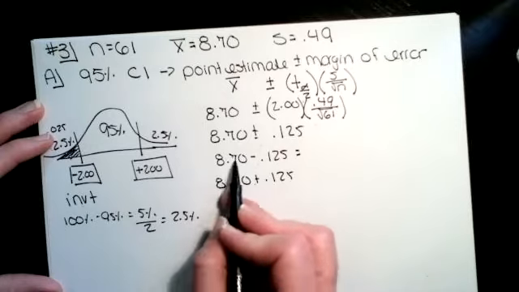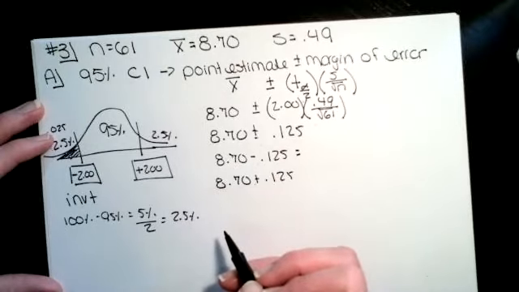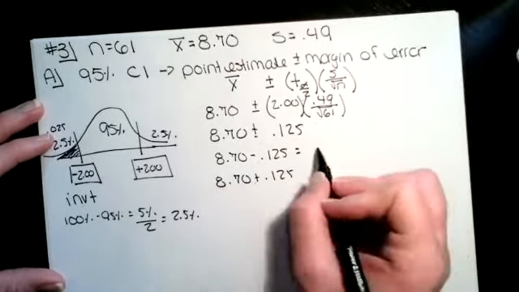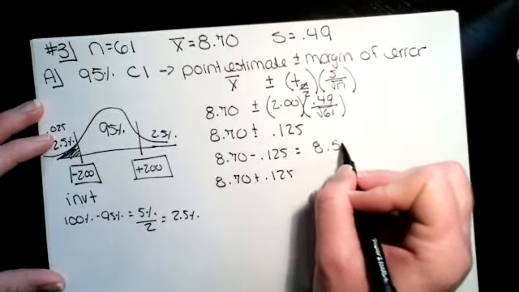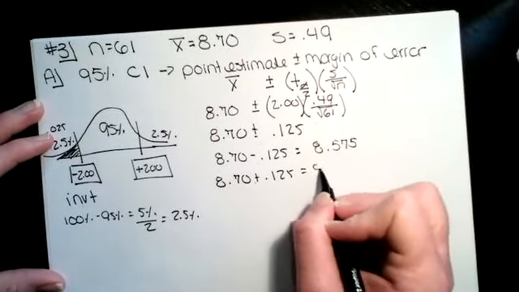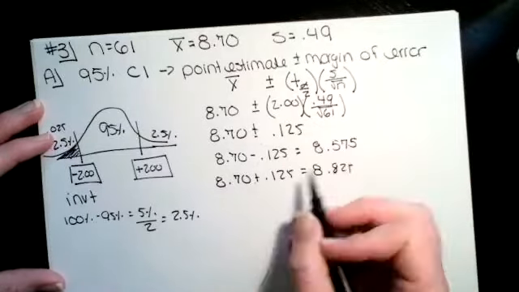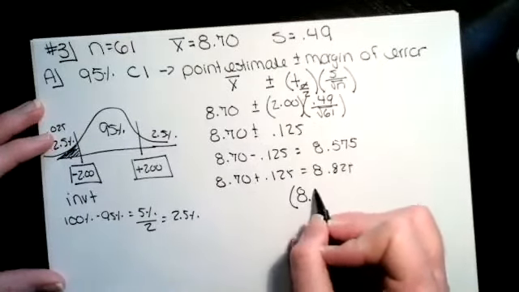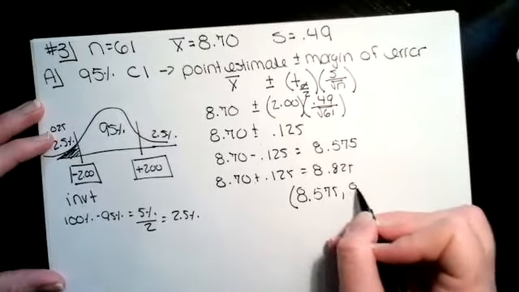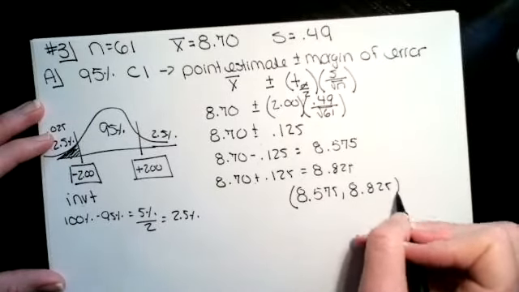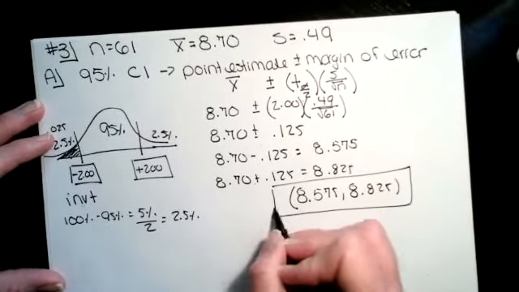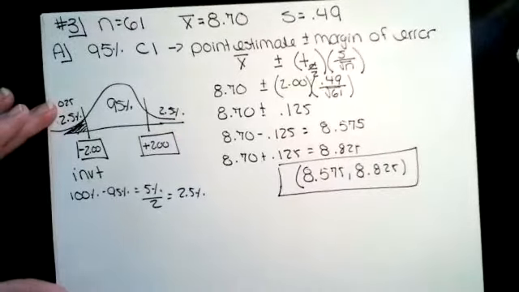See how the point estimate is the middle of my CI? So this is 8.575, and this one is 8.825. So my interval is 8.575 up to 8.825. That's my CI. So when you're solving for a CI, there it is.